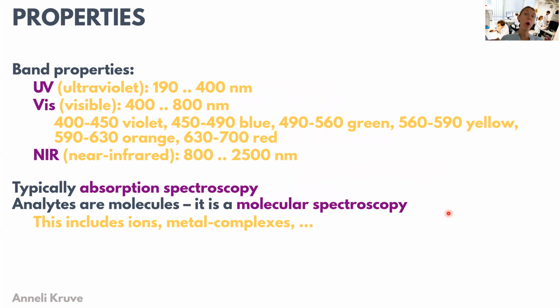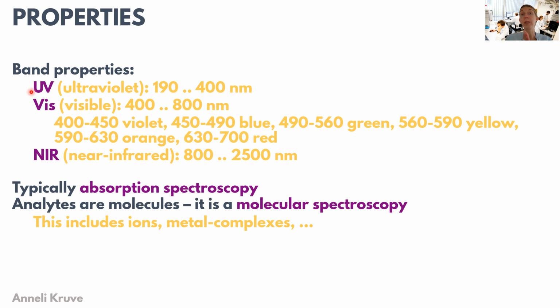So what kind of properties of the radiation are we looking at? We are looking primarily at ultraviolet and visible spectroscopy. By ultraviolet, we mean the wavelength range of 190 to 400 nanometers. This is the kind of light that we do not see with our eyes, but which is more energetic than the visible light.